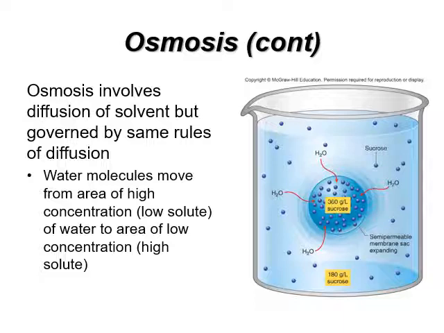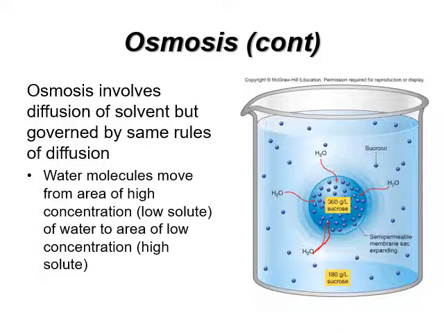So which way is water going to move? There's a higher concentration of water outside and a lower concentration of water inside, so water is going to move into the sac. There is higher osmotic pressure in this solution.